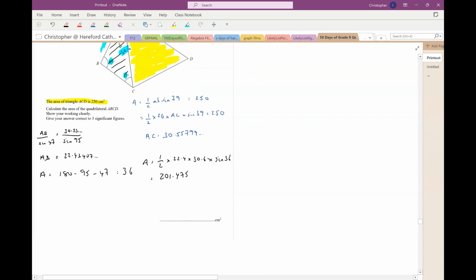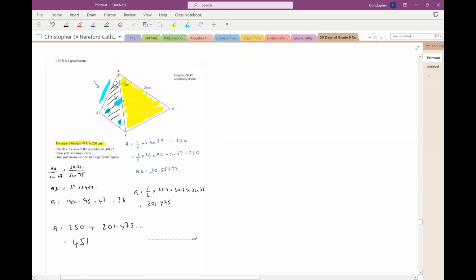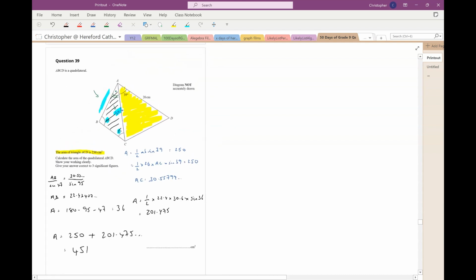So the area of the whole quadrilateral is going to be the area of the yellow, which was 250, plus 201.475, which equals, to three significant figures, 451. And that is my solution to question 39.